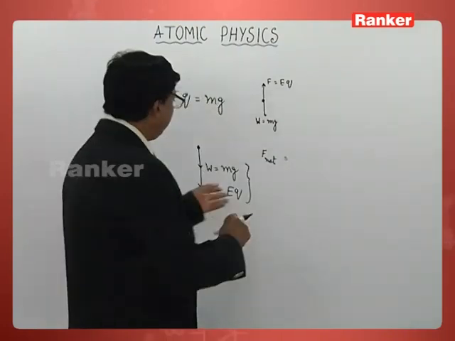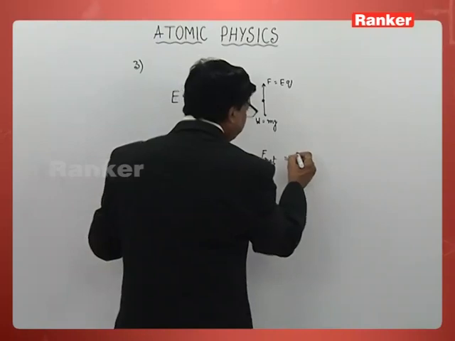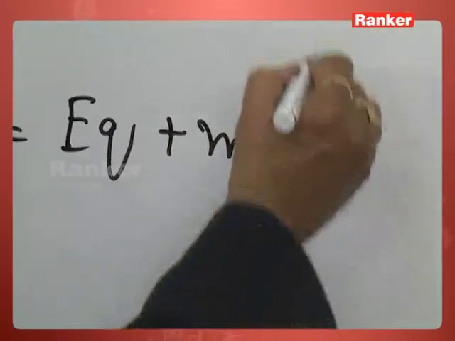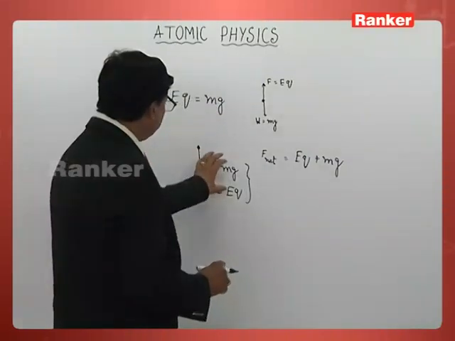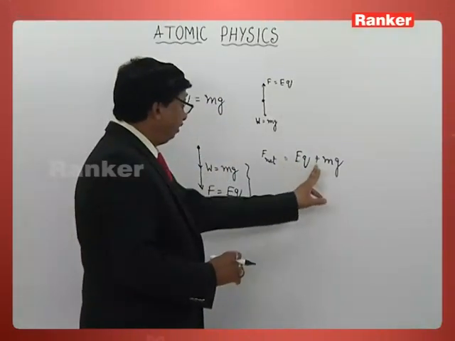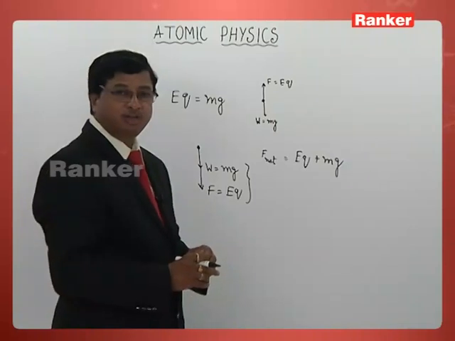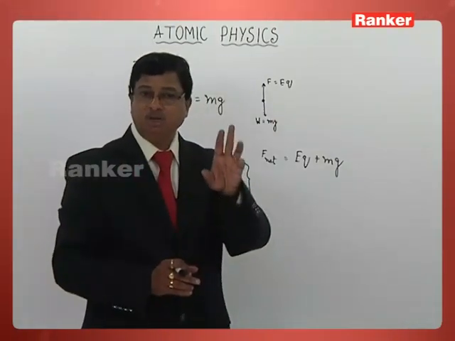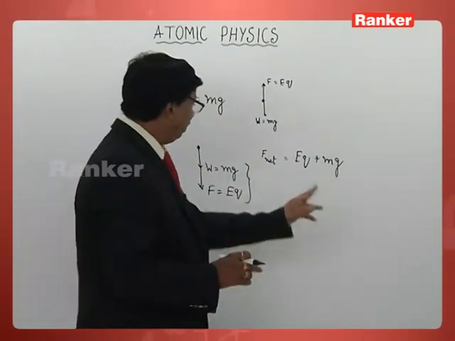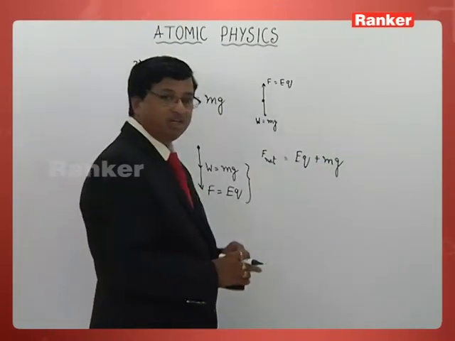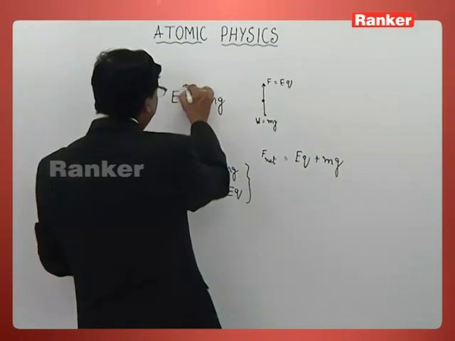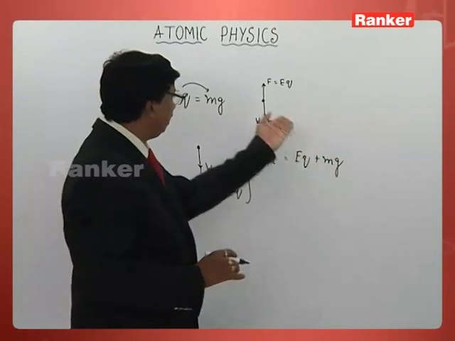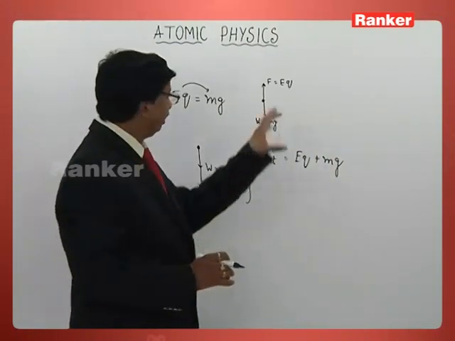So you can definitely understand the net force in this particular case will be EQ plus mg. Since both are in the same direction, I can take the net force acting on that droplet as the sum of these two individual forces. The moment you write EQ plus mg, numerically we have got in the first equation EQ is equal to mg earlier. So numerically they are equal.